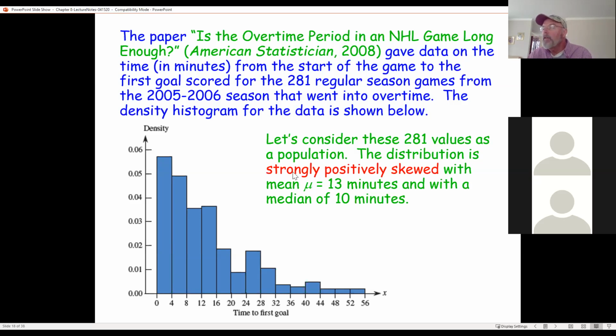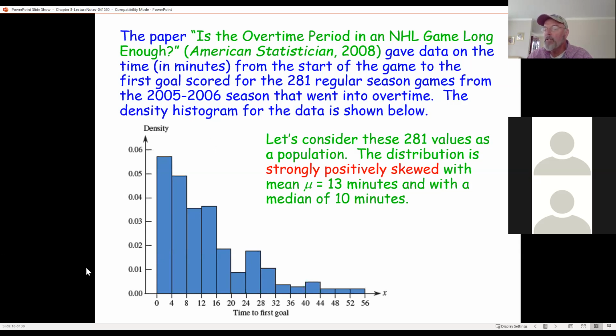Now, we see that this is strongly positively skewed, so there's a great deal of skew here. We can say that the population mean is 13, right about here, and the median is inside of the mean, at 10 minutes.